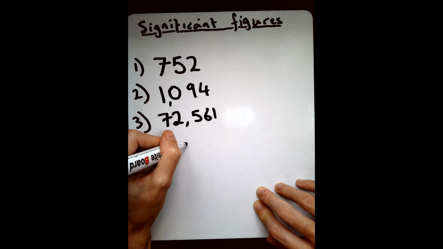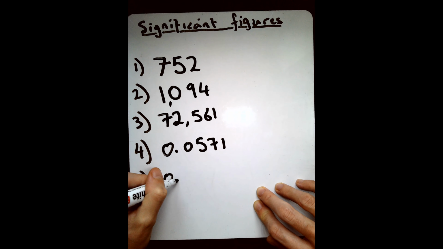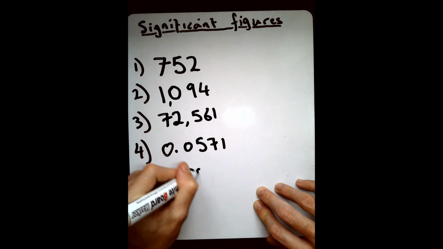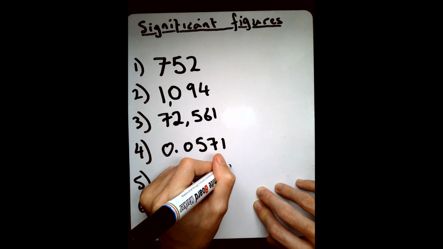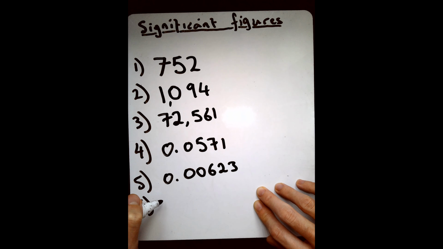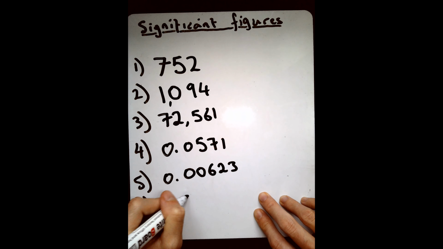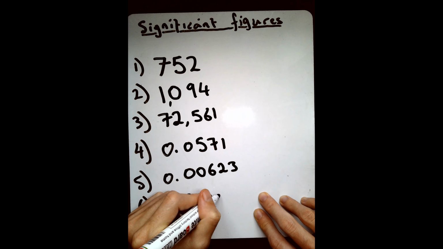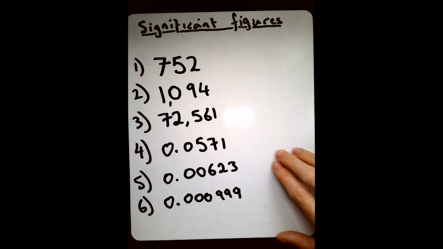So 0.0571, 0.00623, and finally 0.000999. Okay, so we're going to do 2 significant figures for these.